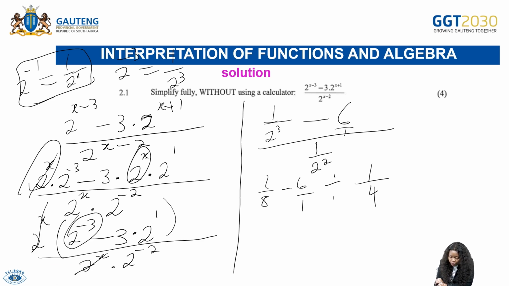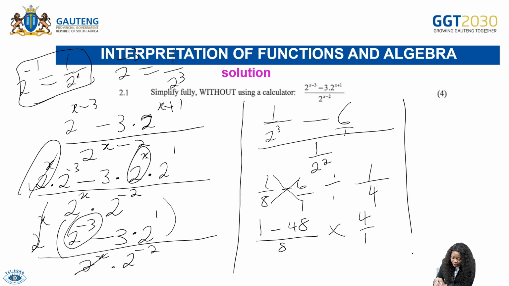Okay, from here I can do my scissor method. So 1 times 1, I get a 1. 8 times the 6, I get a 48, minus 48 because it's 1 times negative 6. And then it's all over 8 times 1, I get a 8. And then I say times the 1 all over 4, I can write it as 4 all over 1.